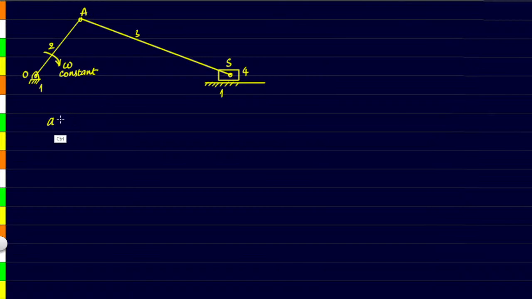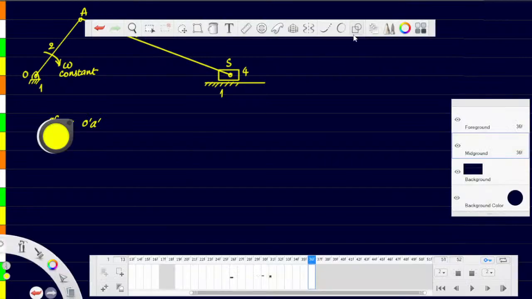The centripetal component of A with respect to O is written as O dash A dash. So this will be towards this in this particular direction.